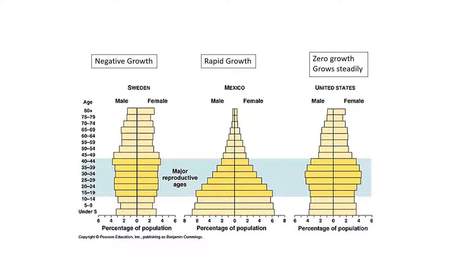In Mexico, we see rapid growth: there are fewer adults and more young adults and children. So that's a positive or rapid growth. And then the United States looks about even between the number of children and the number of those in the major reproductive ages. So that would be our zero growth, or growing steadily.